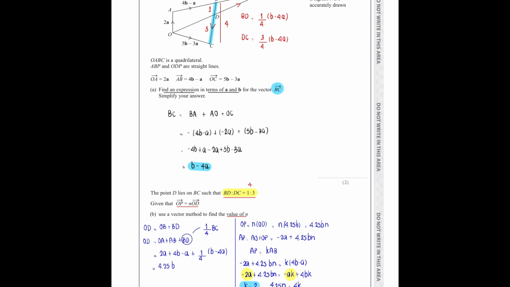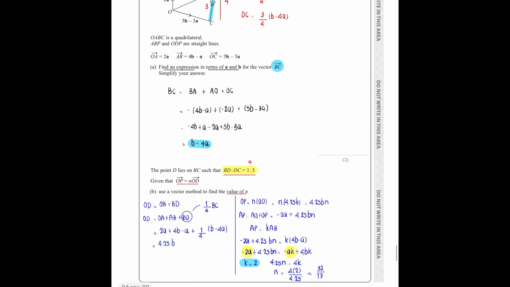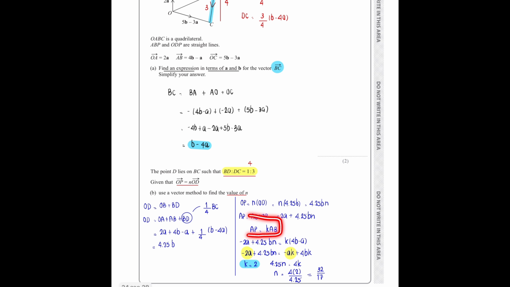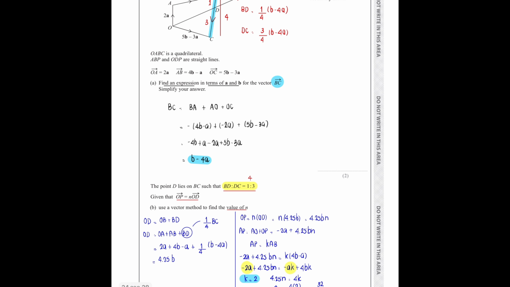Now, OP equal to n times OD, but OD equal to 4.25b, so we will have OP equal to 4.25bn. Another expression is that AP equal to AO plus OP. Now AO equal to negative 2a and OP equal to 4.25bn. Okay, and we have AP equal to k times AB because we don't know the ratio of AP, right?